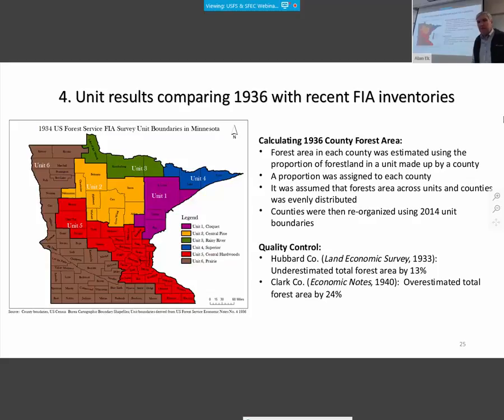We did have a problem of comparing unit results, and that is we have 4 units today, and we had 6 then, and we had to make some decisions about how to map those two, and there were a couple of problems.